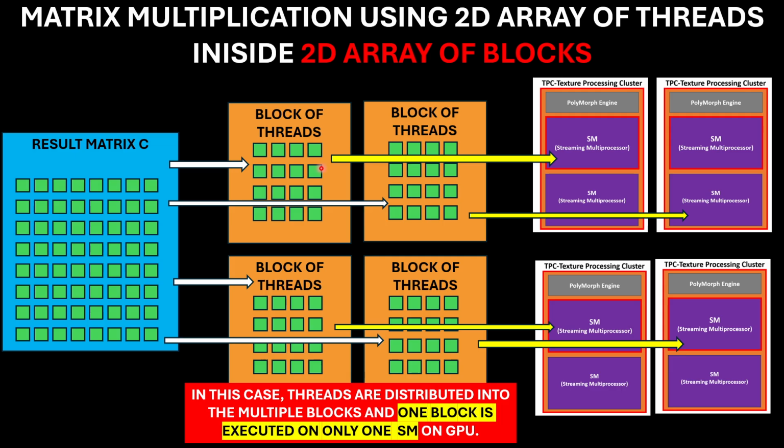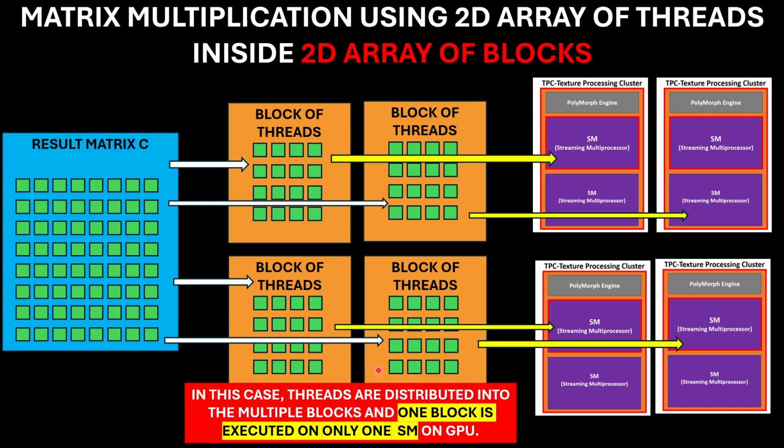As you can see, we have scheduled an equal number of threads, and we put all those blocks to be executed on different streaming multiprocessors so as not to wait too much, because one streaming multiprocessor is always executing one block of threads.